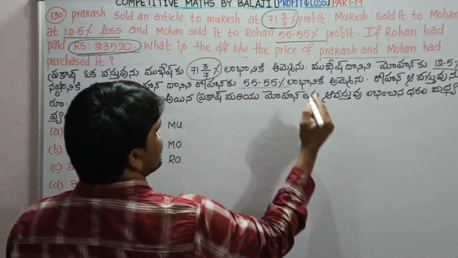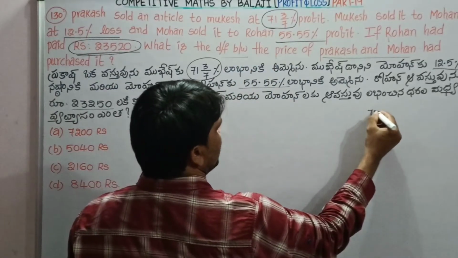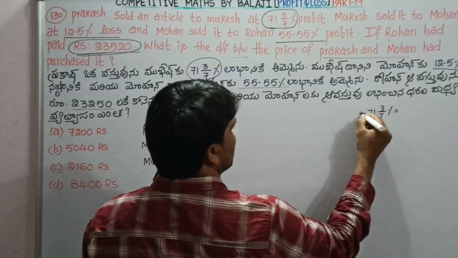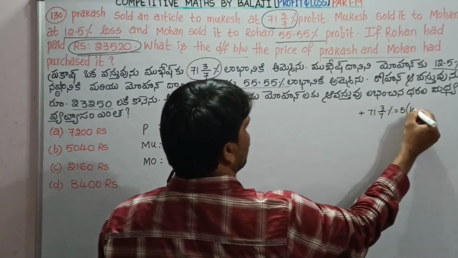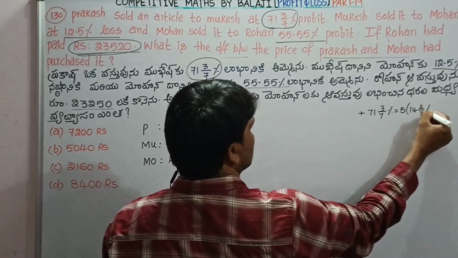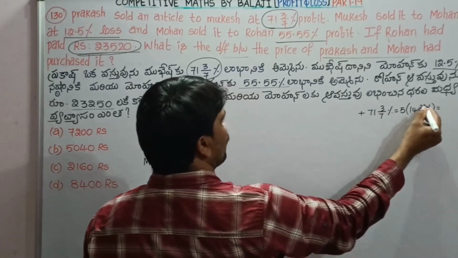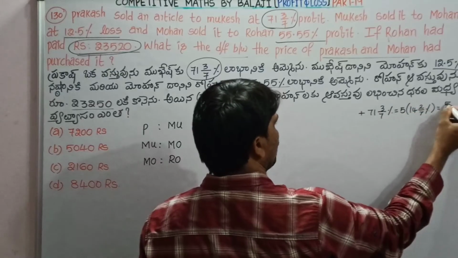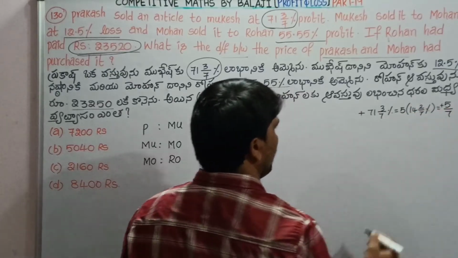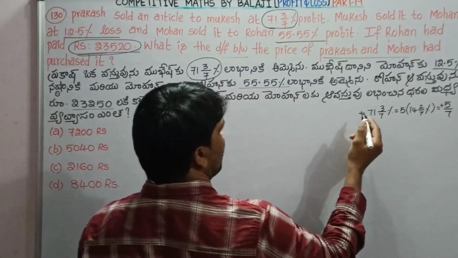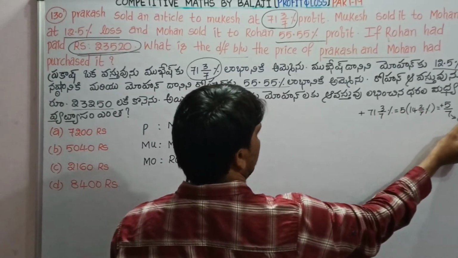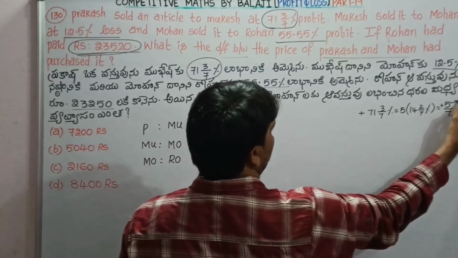Prakash sold it to Mukesh at a profit of 71 whole 3 by 7%. It can be written as 5 times of 14 whole 2 by 7%. We know that 14 whole 2 by 7% is 1 by 7. Since it is 5 times, so we get 5 by 7. If profit and loss are calculated on cost price, the base is cost price and the numerator is profit.